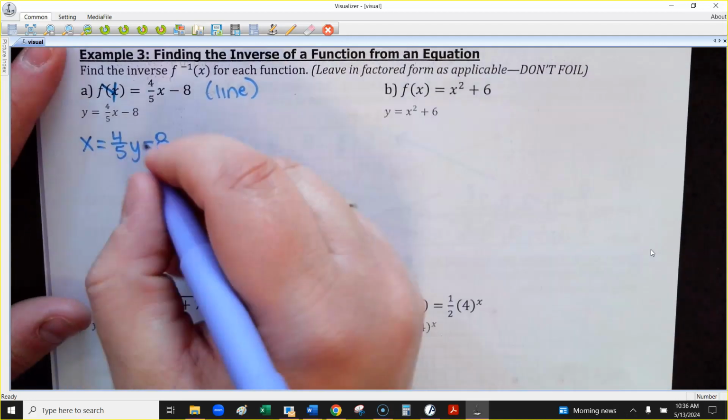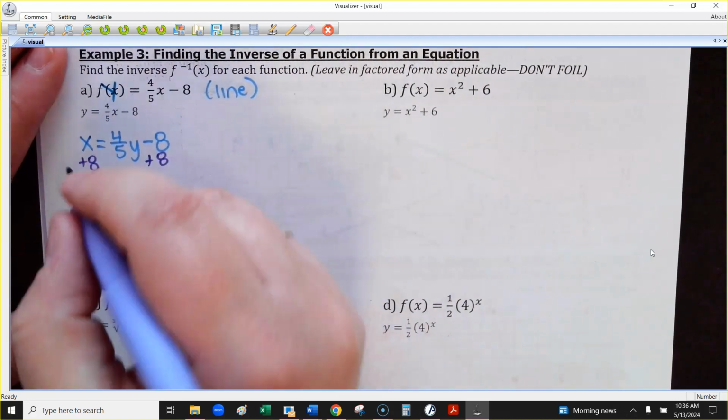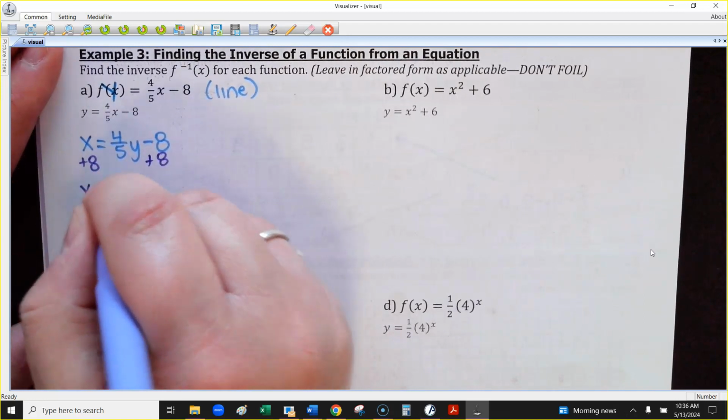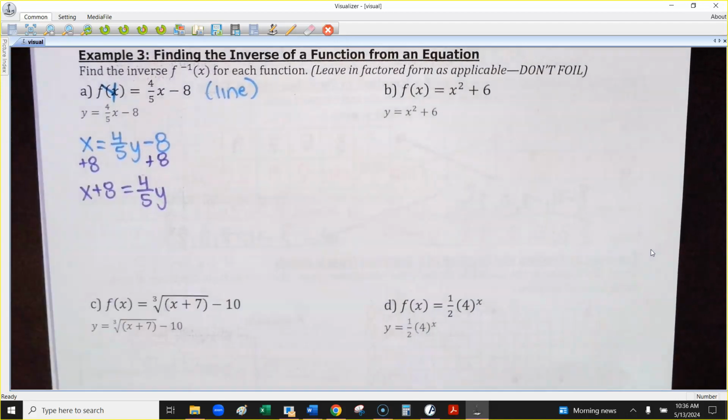All right, let's move this 8. Now I'd have x plus 8 equals 4/5 times y. There's a couple ways you could do this. Does anybody have a recommendation? What would you do next if you're trying to get y alone?